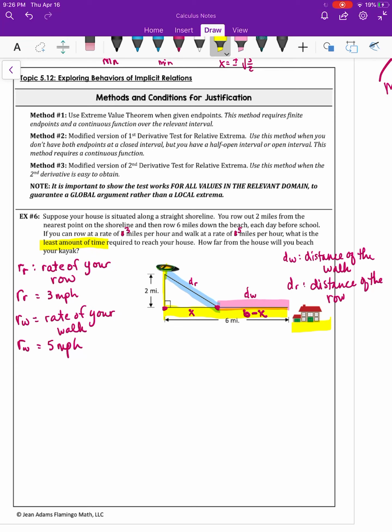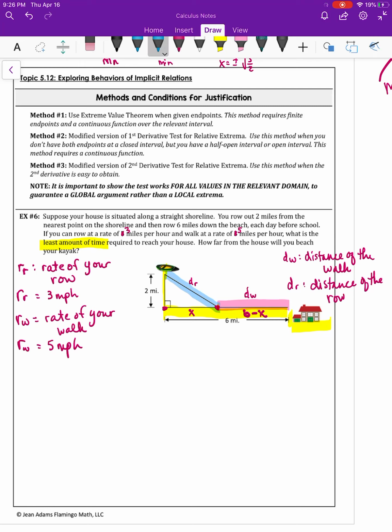And it says, what is the least amount of time? Look at that, guys. The least amount of time. You're going to minimize time. You want to minimize a time equation. And how far from the house will you beach your kayak? So that we're going to have to come back and find.